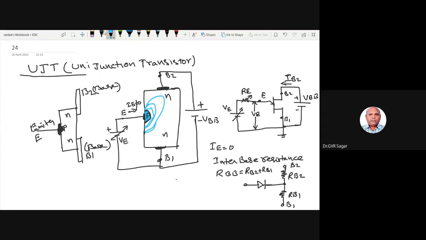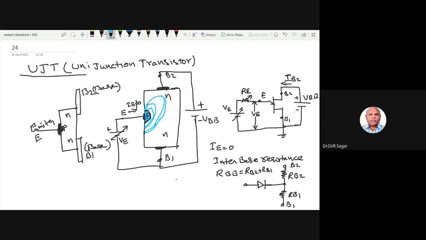See what happened here. The barrier region goes on spreading into the N region because of this applied forward voltage VE on this emitter junction.